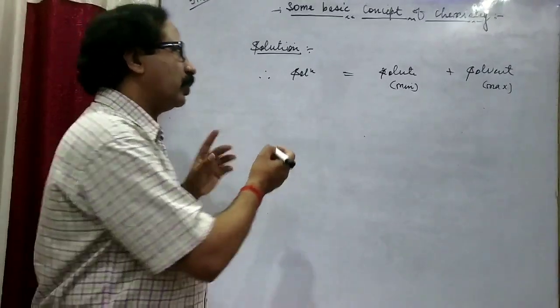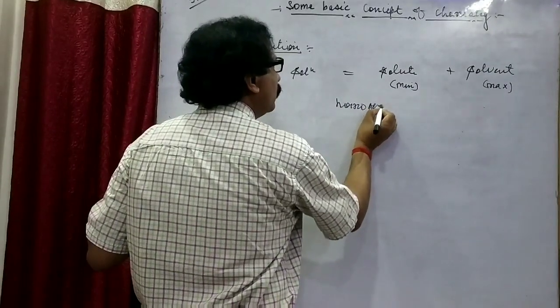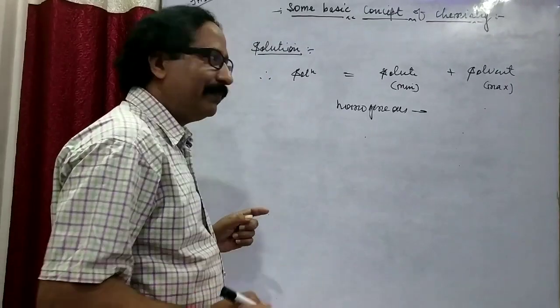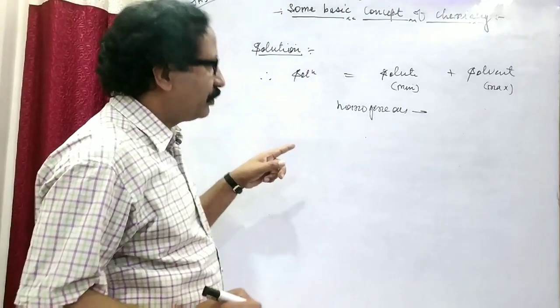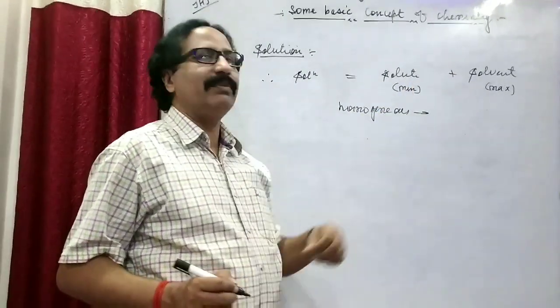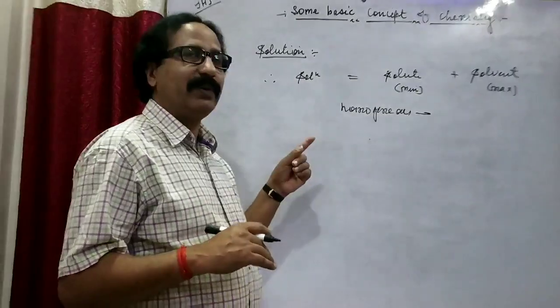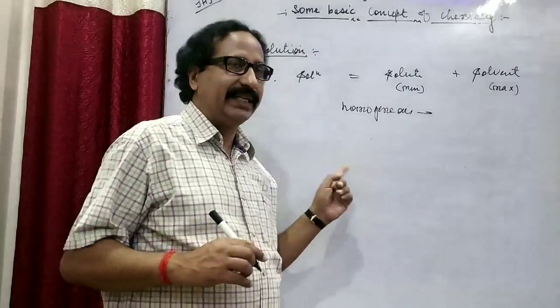Why is it said to be homogeneous? Because in this solution the size of solute molecule as well as solvent molecule is the same, and on account of the similarity of solute and solvent molecules, it is known as homogeneous.